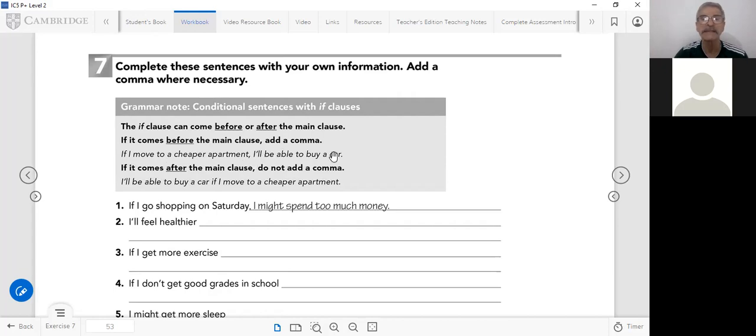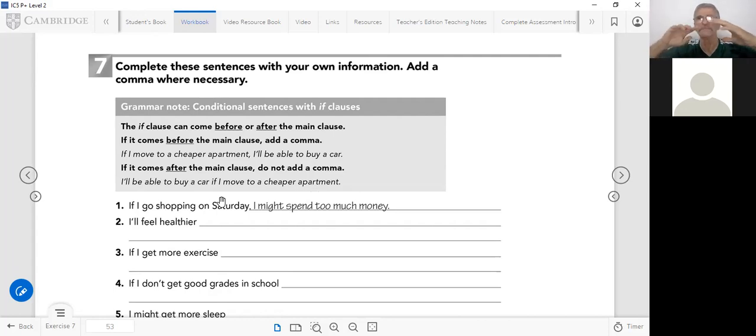But if you place the main clause first, it is not necessary to place a comma, because you say, I'll be able to buy a car if I move to a cheaper apartment. So you see that if is like a bridge that joins both clauses together.